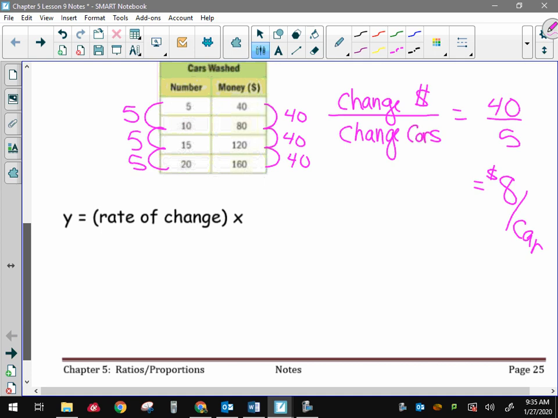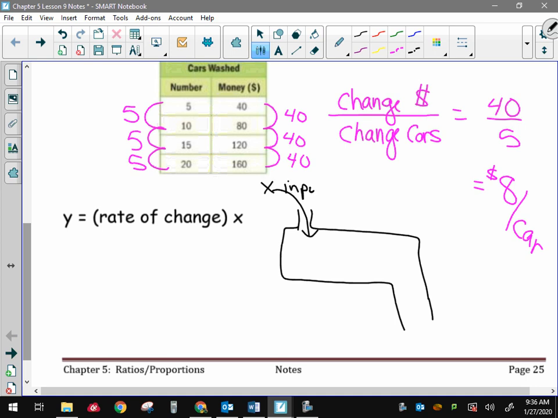So if we had a cash register, we would create a formula. Remember this from earlier in the unit? And I told you, we put something in. We call that X. X is the input. Something happens in here to tell me the answer, the output.